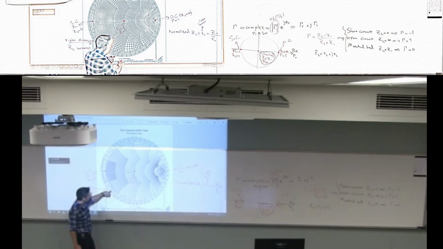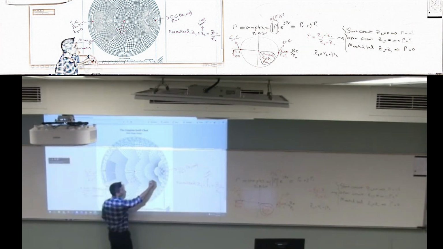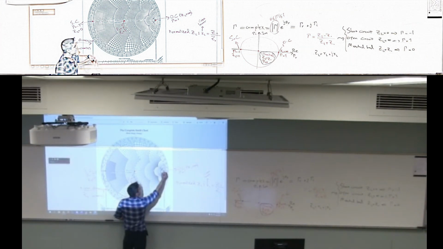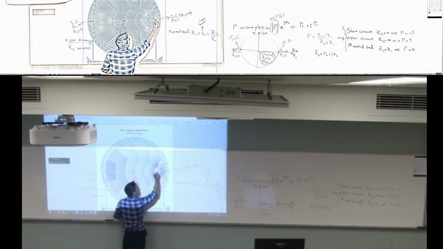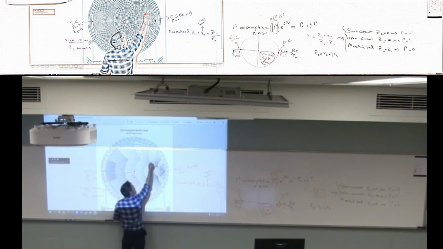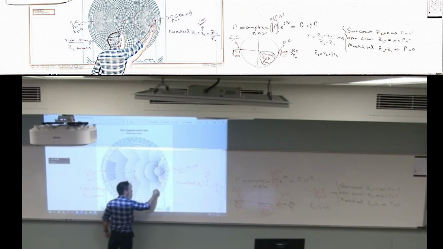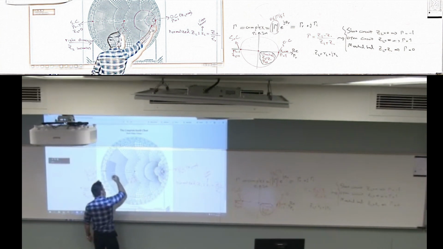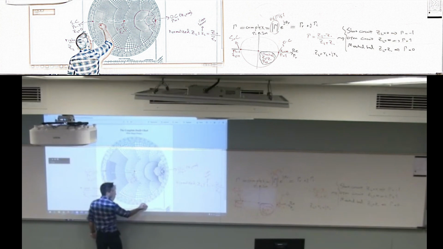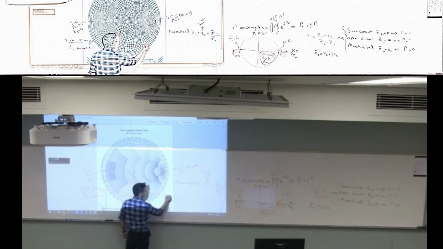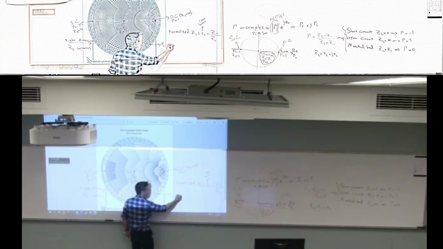As you can see in your chart, these circles, okay, I'm drawing it worse than the circles themselves, but obviously these circles are the RL circles.